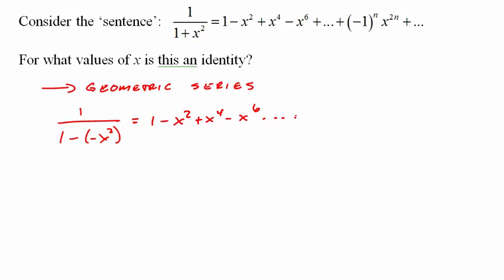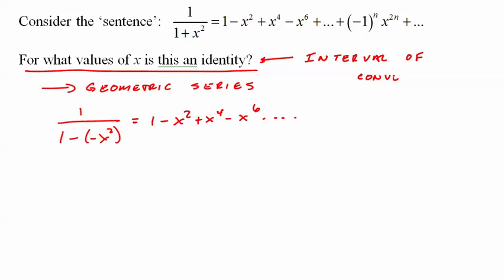We'll define the interval of convergence, also known as what values of x this is equal for. And from here on out, I'll just say IOC.